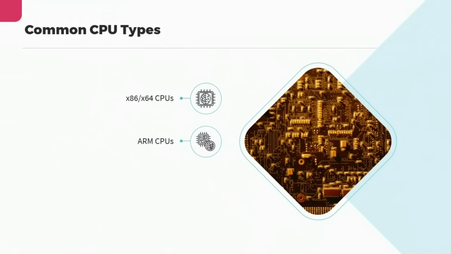ARM stands for Advanced RISC Machine, where RISC is also an acronym for Reduced Instruction Set Computing. And their processors have come to dominate the world of mobile devices, such as smartphones, tablets, and other handheld or wearable devices due to their lower power consumption and low heat generation.